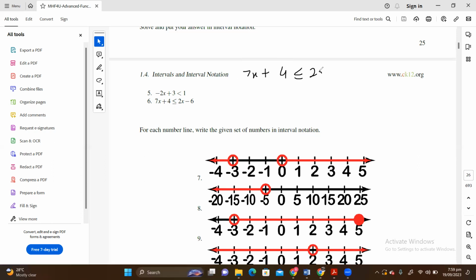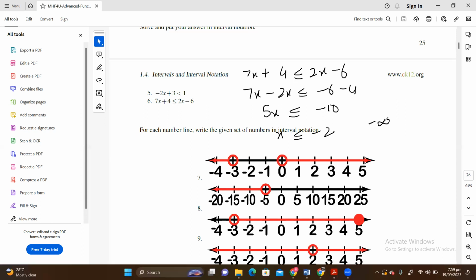In question number 6, you need to first calculate. 7x plus 4 less than 2x minus 6. So x is less than or equal to -2.